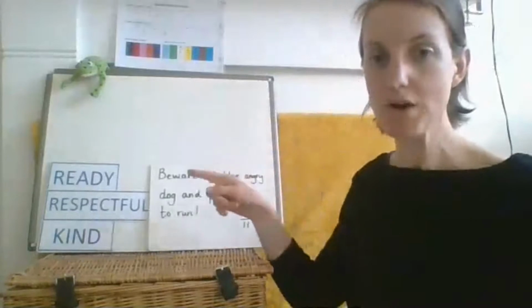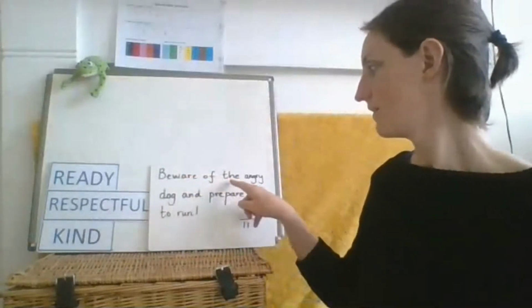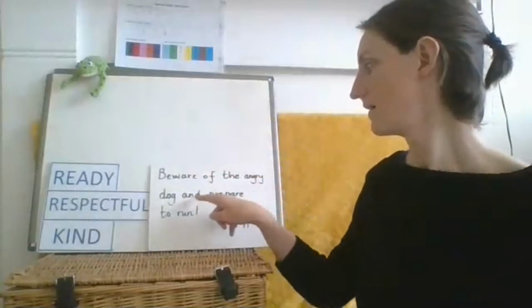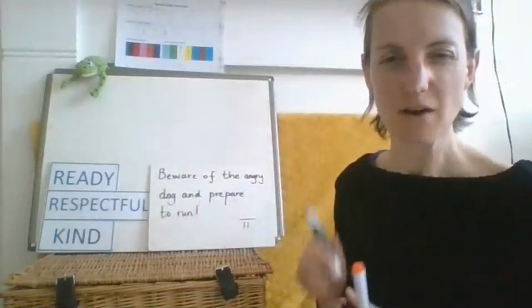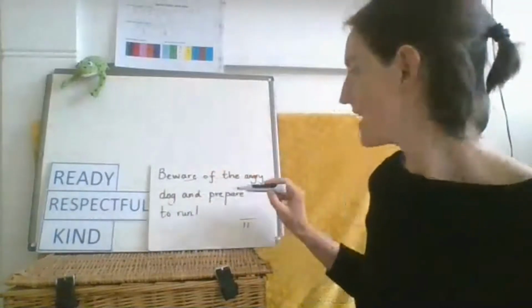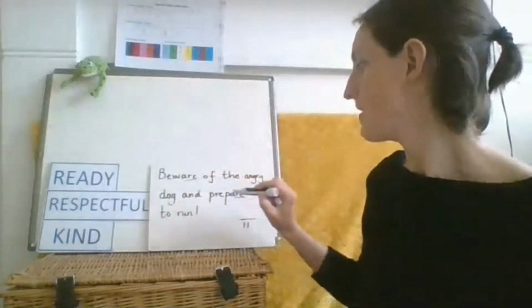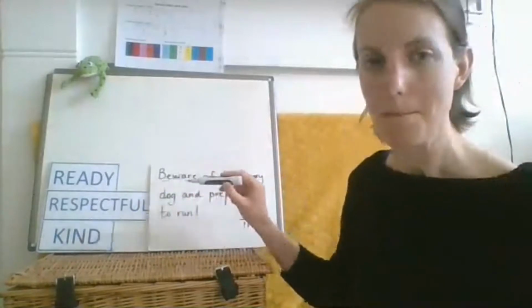Let's read it back. I'm going to point, you're going to say the word. Beware of the angry dog and prepare to run. I can see already a way to remember that air sign, like air, share and care. It's the same in beware and prepare. And that's our prefix there as well, isn't it?